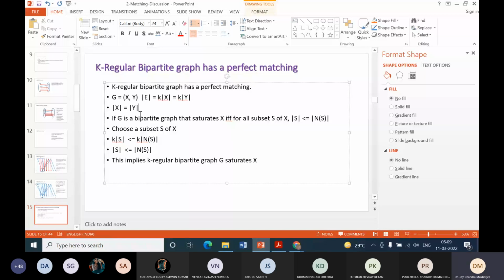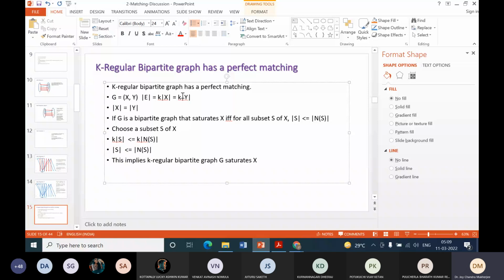We count the edges by a single partite set X. The number of vertices is mod X, and the degree of everyone is K. So the number of edges is K into mod X. If we count from the other partite set, the number of edges will be K into mod Y, and they must be the same. So K will cancel out. Then the number of vertices in both partite sets is the same.